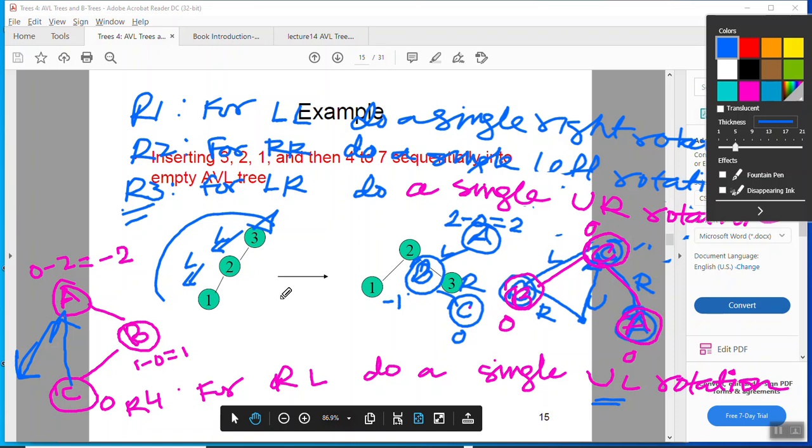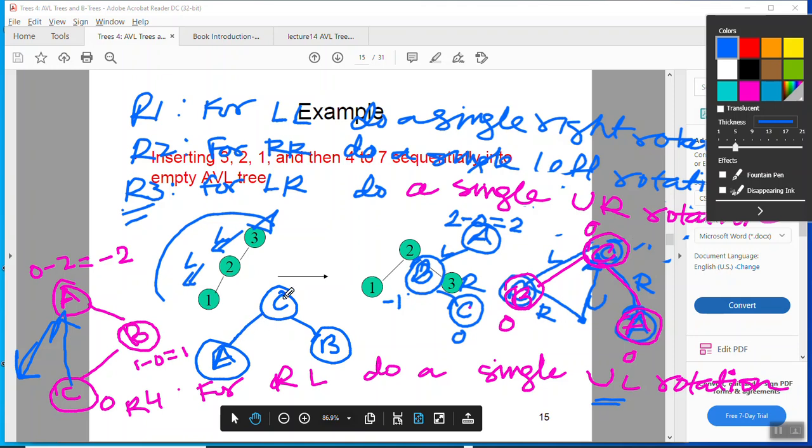That means C will go up, from bottom to up. C was the last element, because the problem occurred due to the insertion of C, right? So C will go up, and then B will stay in its own position, and then A will go left.